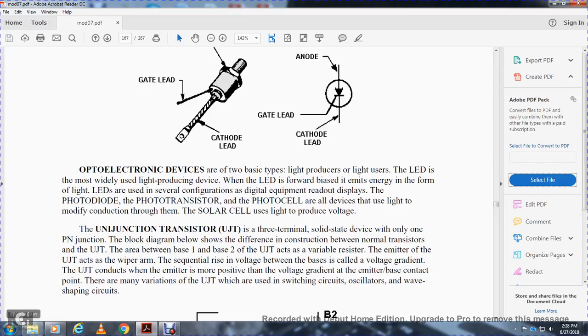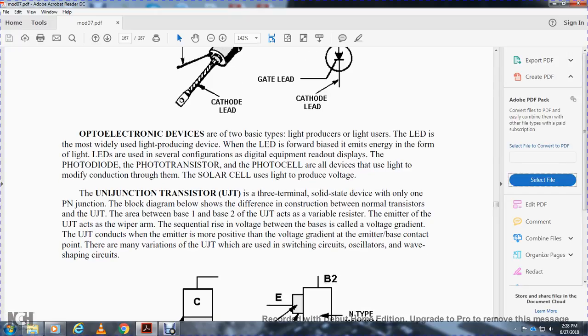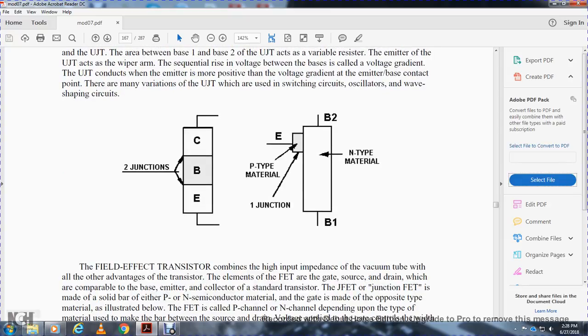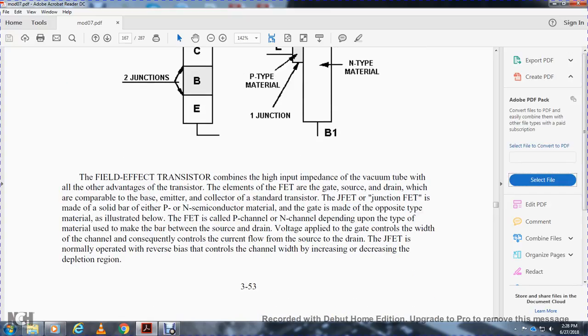The unijunction transistor conducts when the emitter voltage exceeds the voltage gradient at the emitter-base contact point. There are many variations of the unijunction transistor, used in switching circuits, oscillators, and wave shaping circuits. The illustration shows the two junctions, the P-type emitter and the N-type material.